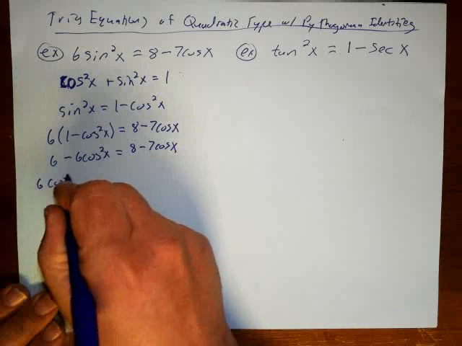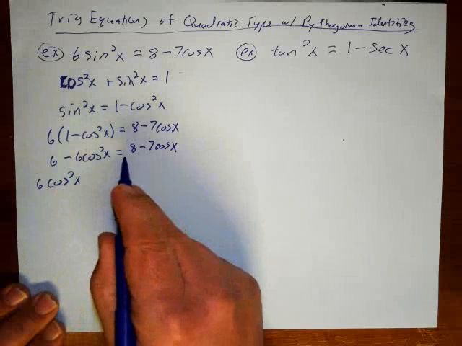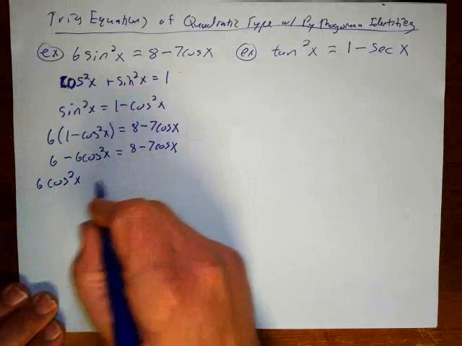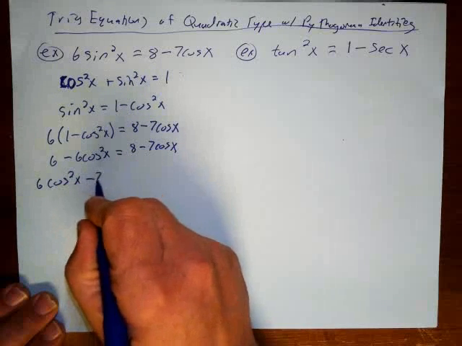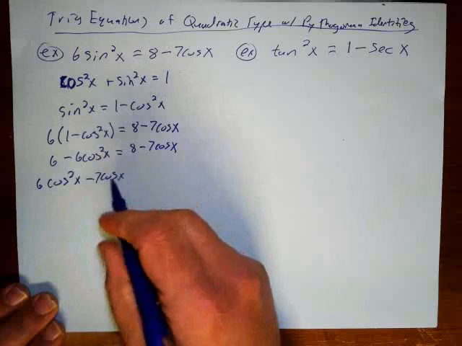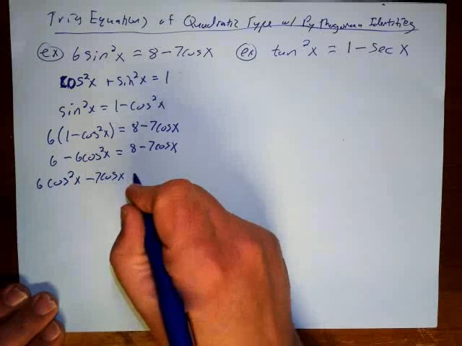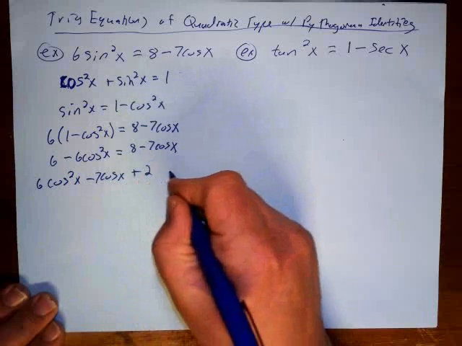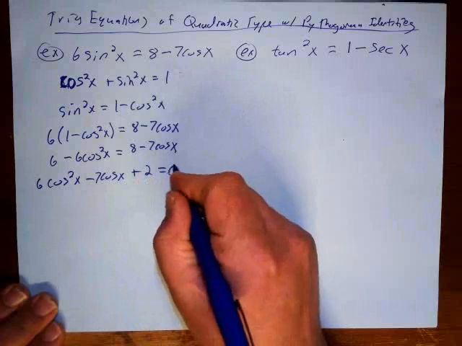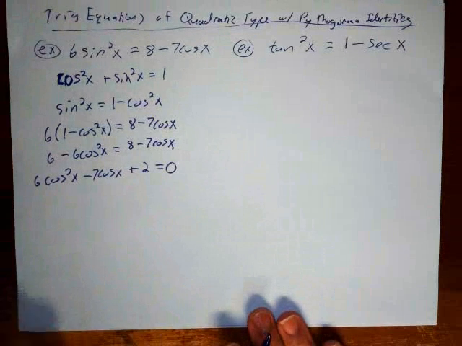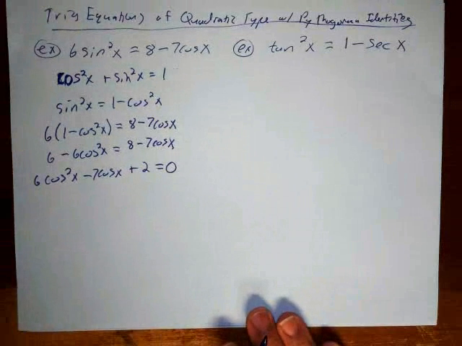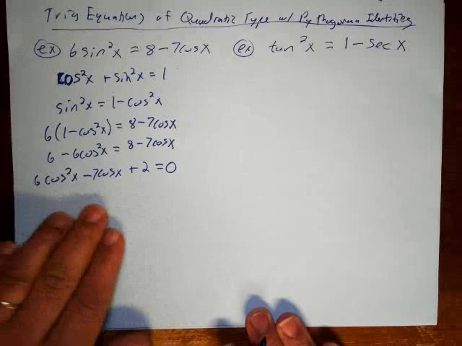So I'd have 2 cosine squared x when I bring that over, and then I'd have minus 7 cosine x, and then I'd have to bring this over, and that'd give me plus 2 is equal to 0. Okay, so this is what I have.